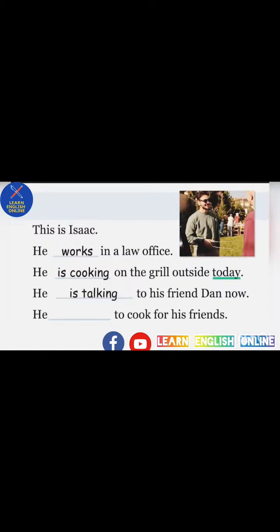He is talking to his friend Dan now. Now is a signal word for present progressive. And he likes to cook for his friends. Well, likes is one of those words that I can't put in the present progressive. It has to be in the simple present.